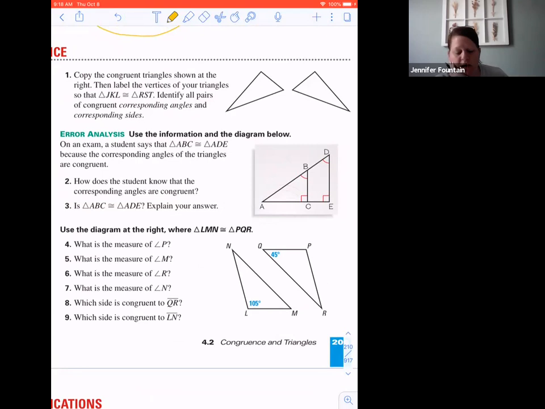So maybe go ahead and get a piece of paper and draw these two triangles. You don't have to label anything, just jot them down real quick, and then we'll take a break. When we come back, we'll start labeling them. We'll come back in about 5 or 6 minutes and get started again.